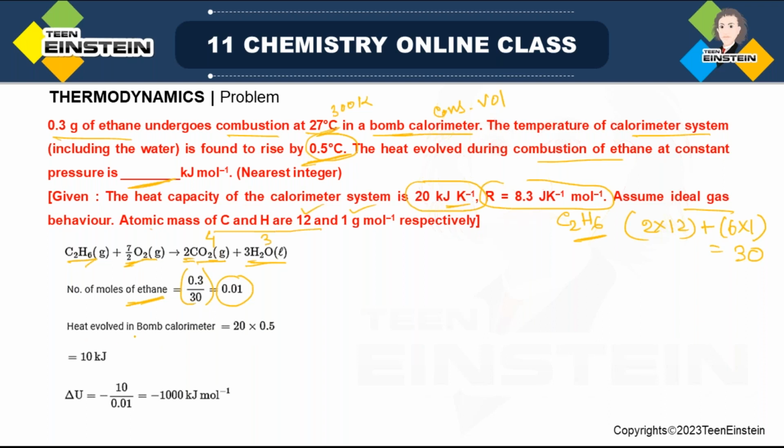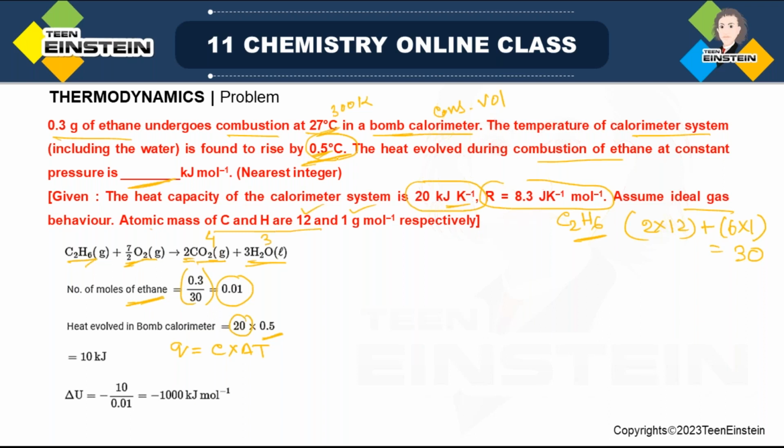So if we want to know the heat evolved, that is Q is equal to C into del T. Here the C value is 20 kilojoule, which is already given in the question, and del T is basically 0.5, that is the temperature difference. So you don't need to convert it to Kelvin, because even if you convert it to Kelvin, it is not required because it is a difference.